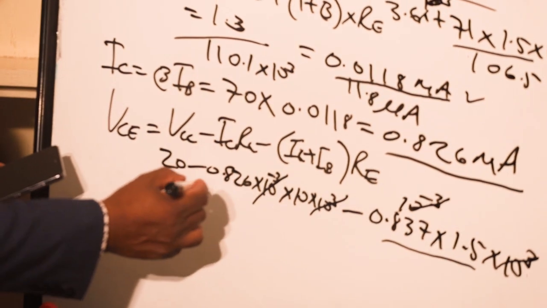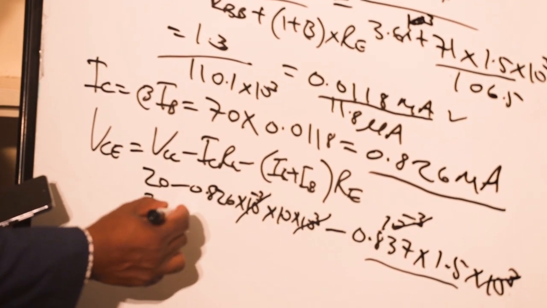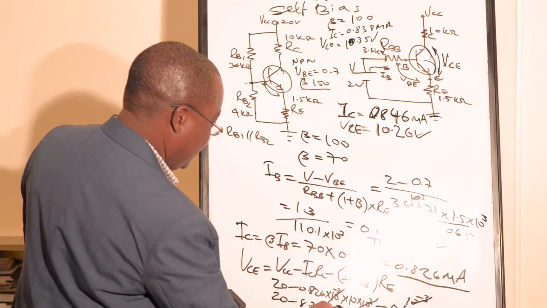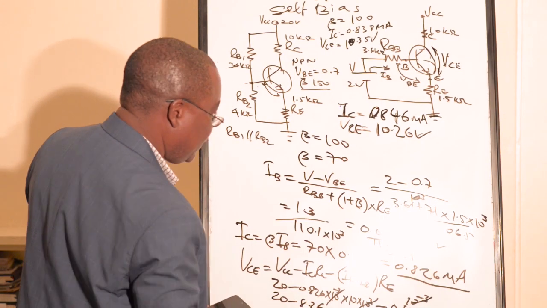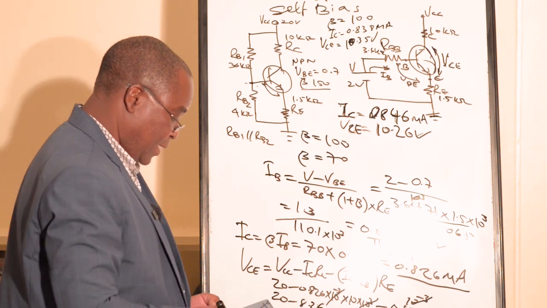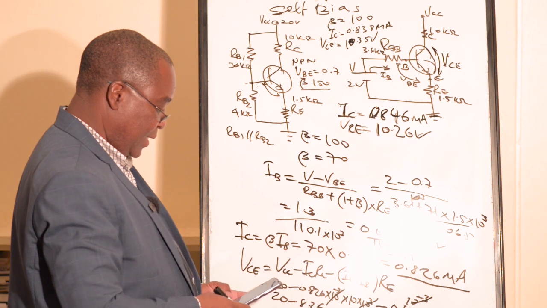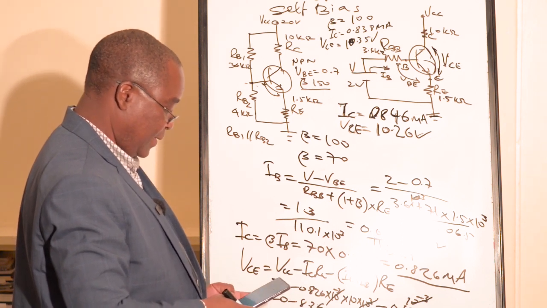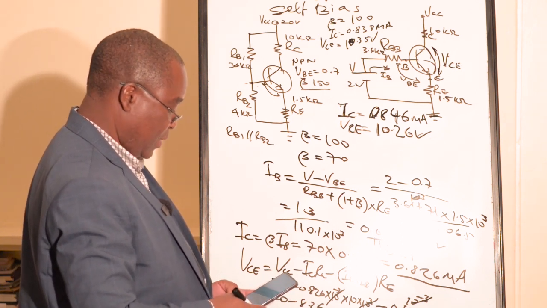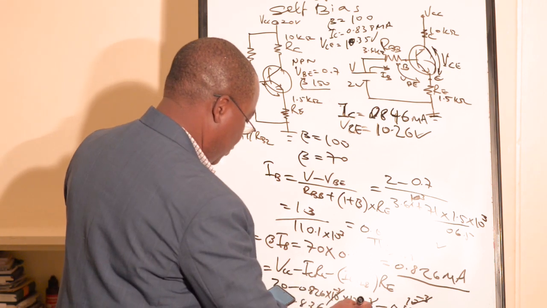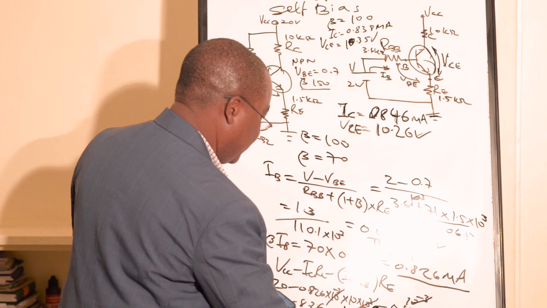So 20 will be 20 minus, here's 10, so it's 8.26 minus another algebra. Then we'll take 0.837 times 1.5. We'll have 1.255.